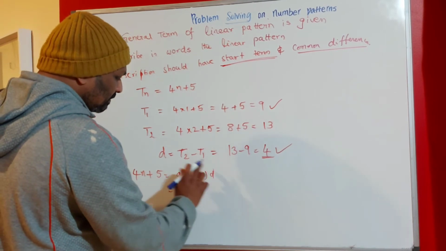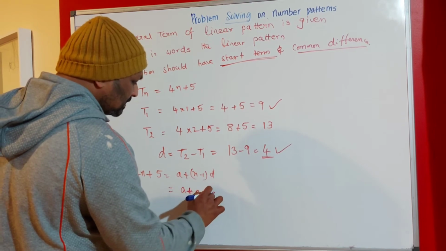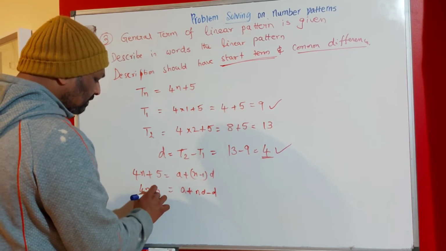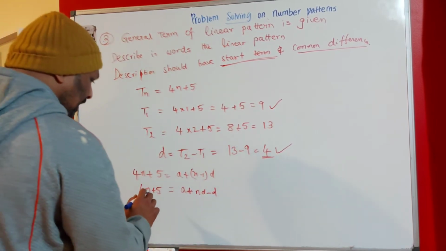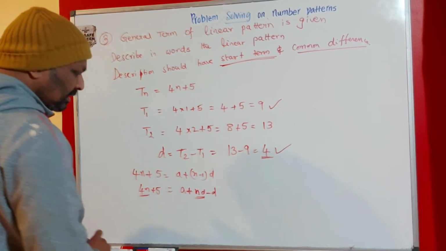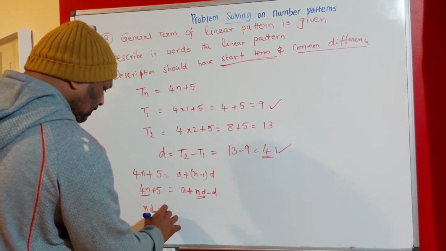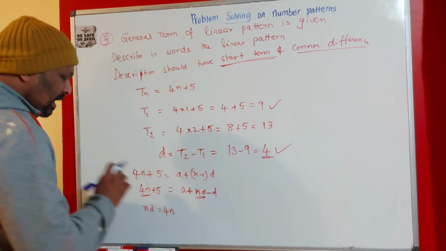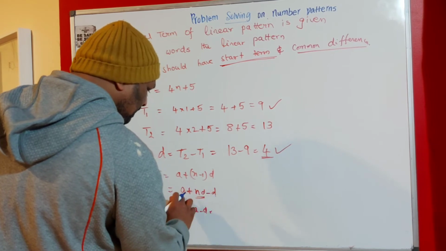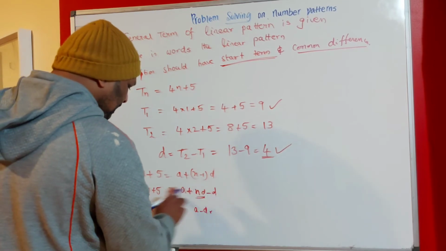If you simplify this, we get a plus nd minus d, which is equal to 4n plus 5. Let's equate this. nd is 4n. And a minus d: these two are constants for any given progression. a minus d is equal to 5.